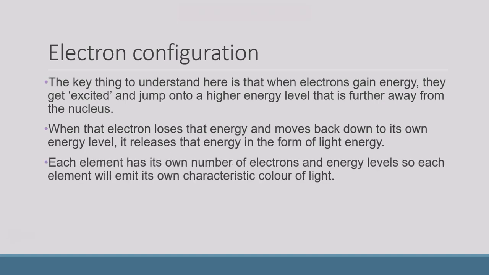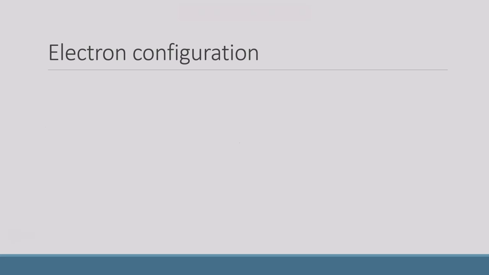Each element has its own unique number of electrons and energy levels within which those electrons live. So each element emits its own characteristic flame color.